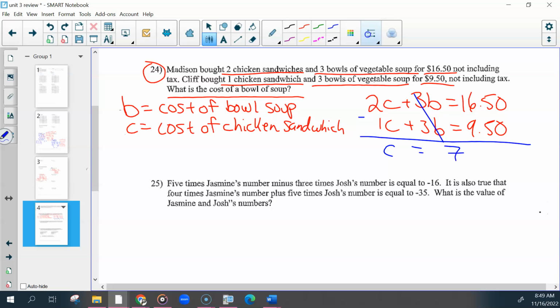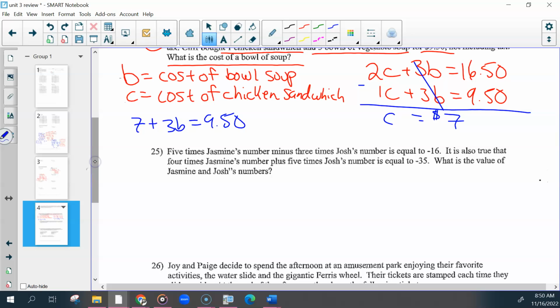Unfortunately, that's not what the question was asking. We still have to go back and find B. So put C back into one of these equations, doesn't matter which one, and solve for B. So we could subtract.